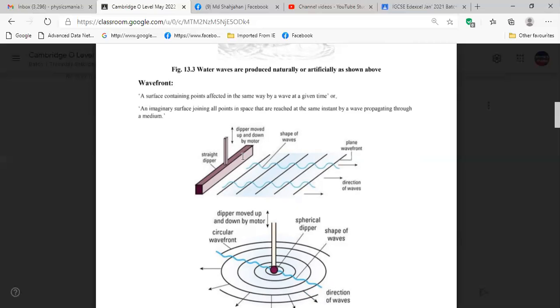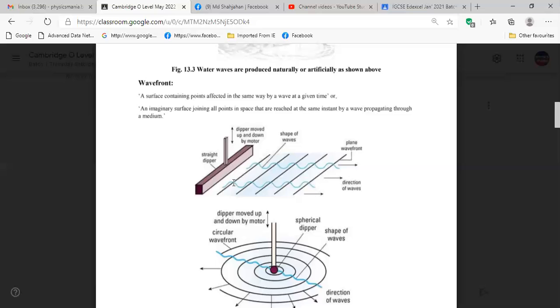As the shape of this dipper is straight, we are also getting straight waves. The line in front of this straight dipper contains hundreds and thousands of water molecules. When the dipper moves up and down, it transfers energy to the next water molecules, and all the molecules in this line behave the same way.